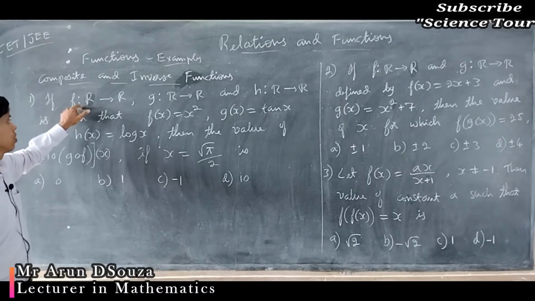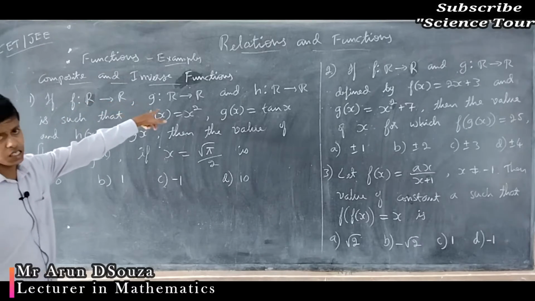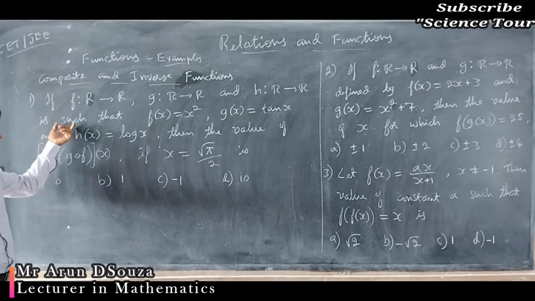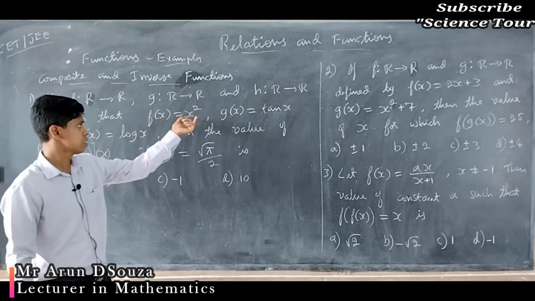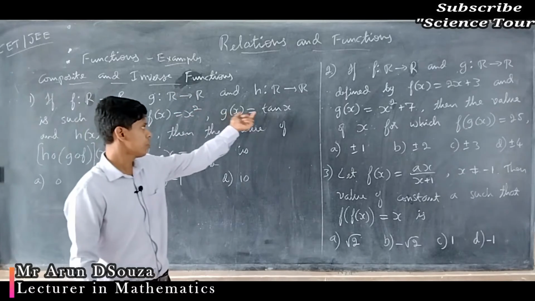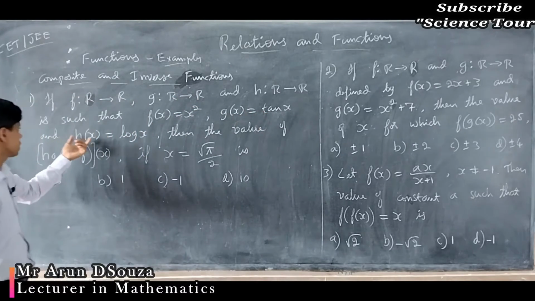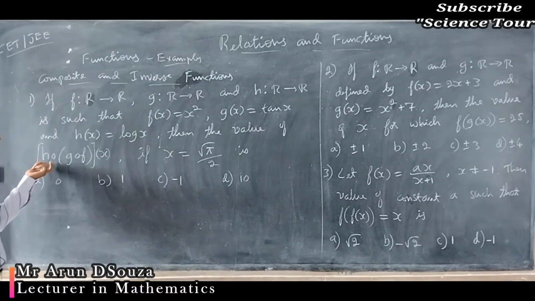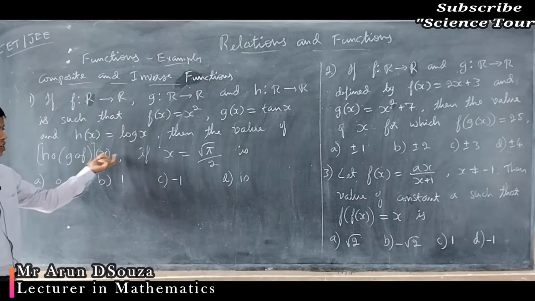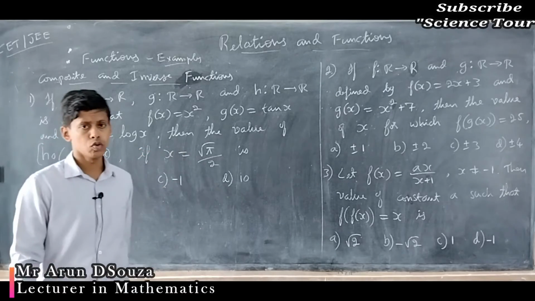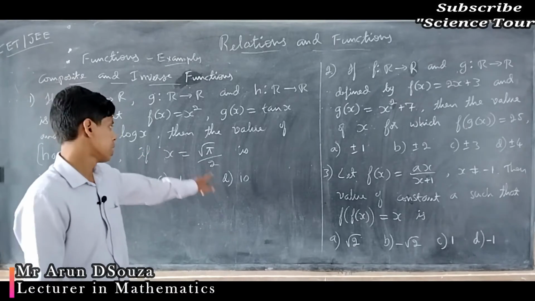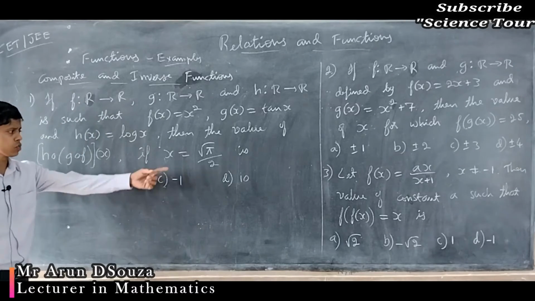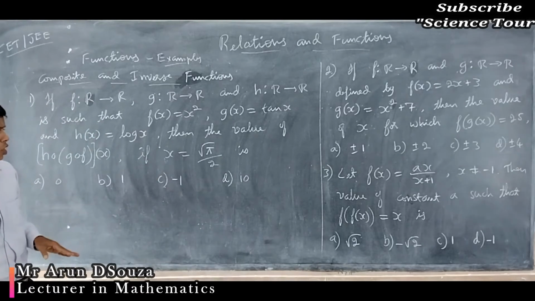If f, g and h all are from real numbers to real numbers, and they are defined as f of x is x square, g of x is tan x, and h of x is log x, then the value of h of g of f of x if x is equal to root pi by 2 is 0, 1, minus 1 or 10. So these are the options that you have got.